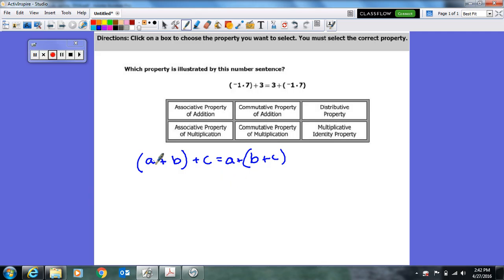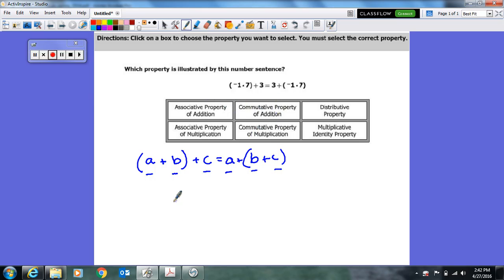Notice the terms on the left-hand side, the A, the B, and the C, stay in the exact same order and appear in that same order on the right-hand side, A, B, and C. The only thing that moved was the parenthesis. So we have a parenthesis that moved from around the A and B to around the B and the C. So let's see what we have for commutative property.